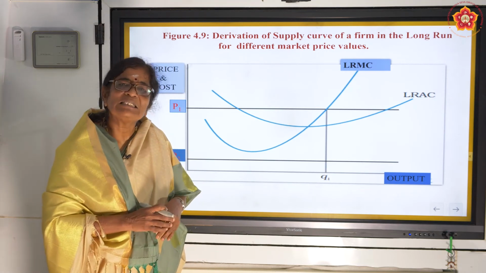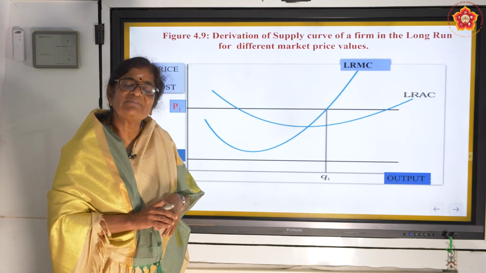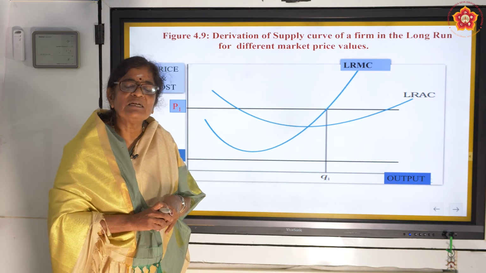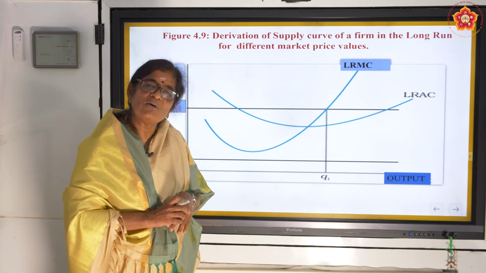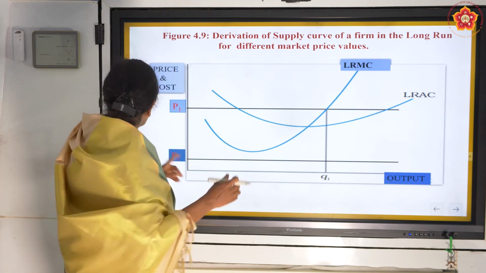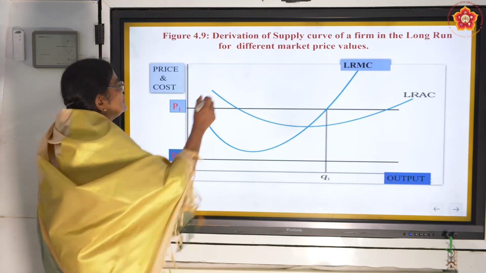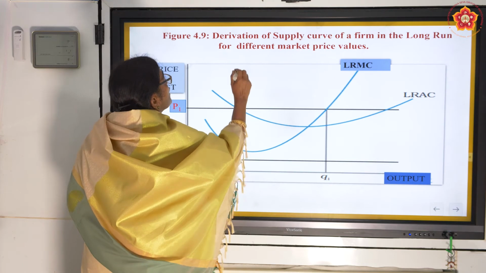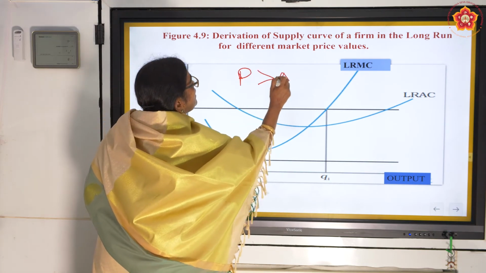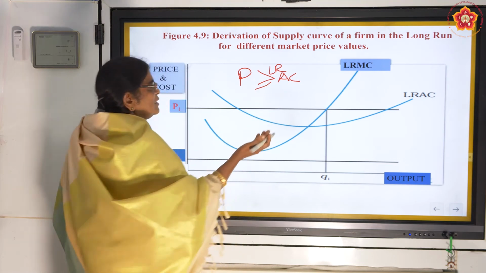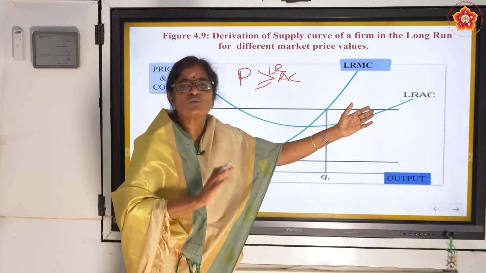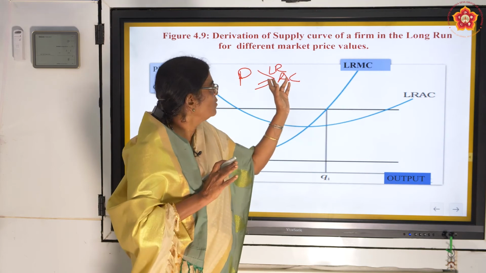What is the condition we studied in our last class? The condition needed for long run supply, the profit maximizing level of output under long run production. We studied the condition as price must be greater than AC. What AC? LRAC. AC means in the long run only one AC, no short run AC, only long run AC.